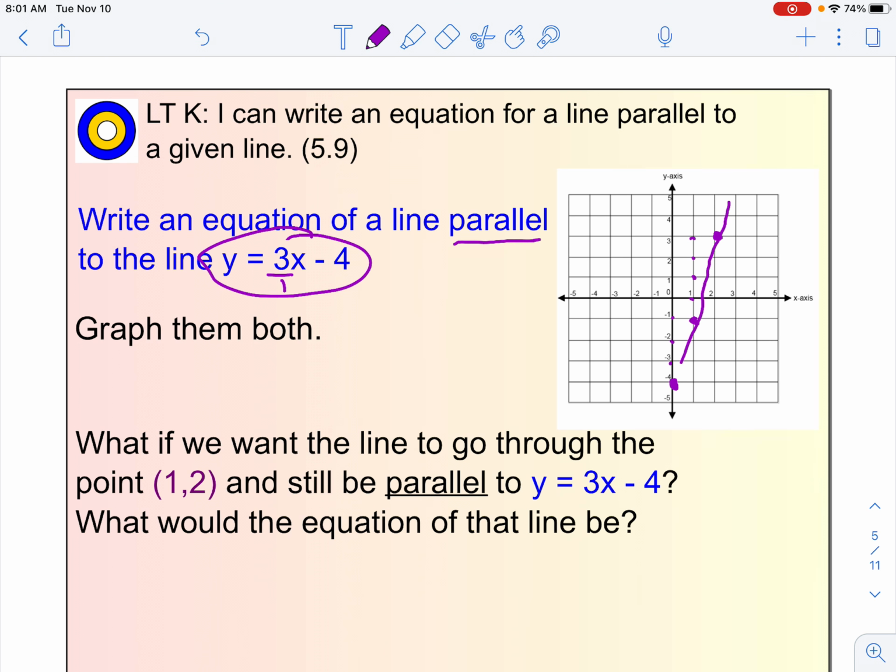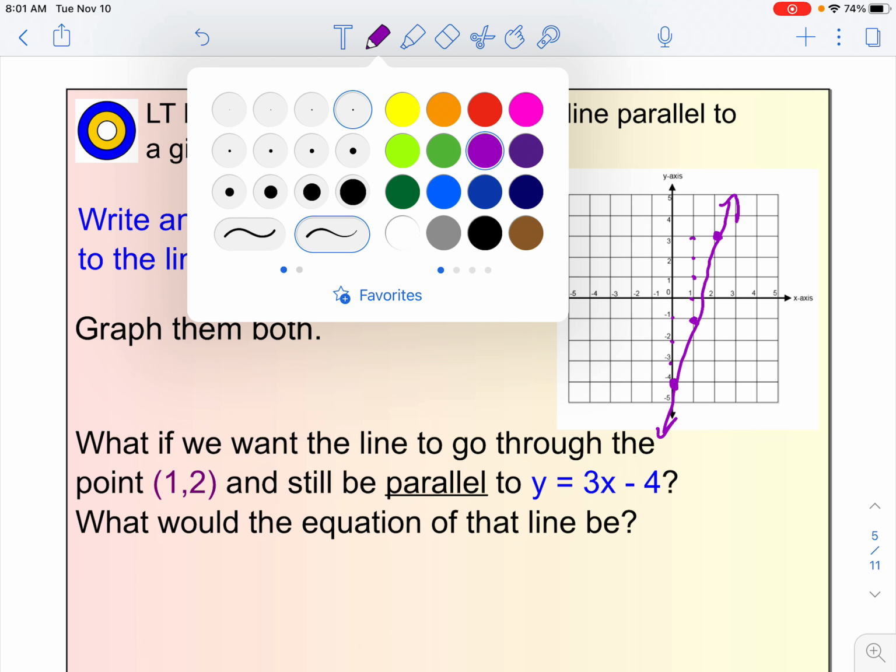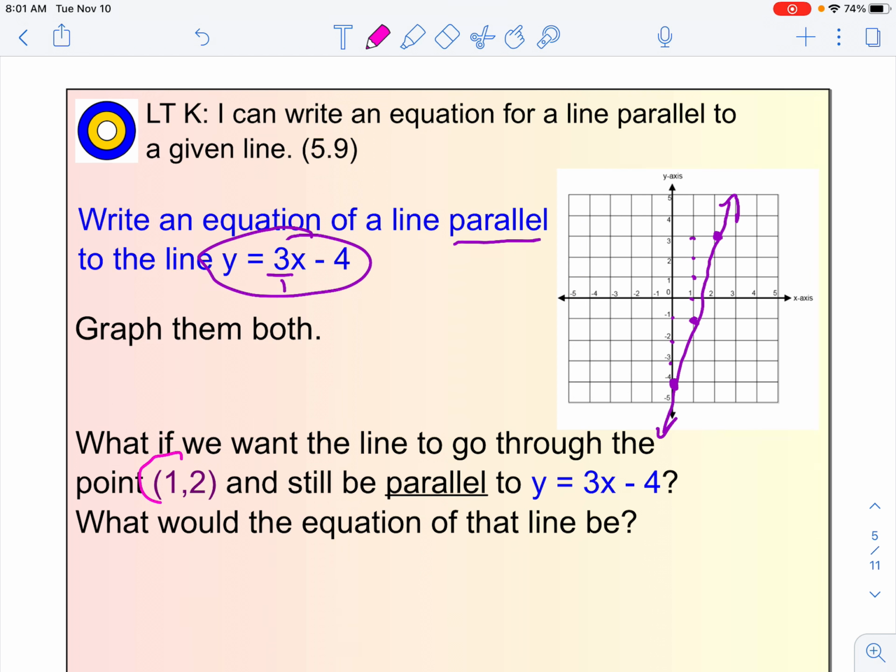Now remember, any line that has a slope of 3 will be parallel to it. Okay? So we could graph a line and just put a different y-intercept. But what if we want the line to go through this point and still be parallel to this? Well, here's the point 1, 2. So what is that y-intercept going to be?